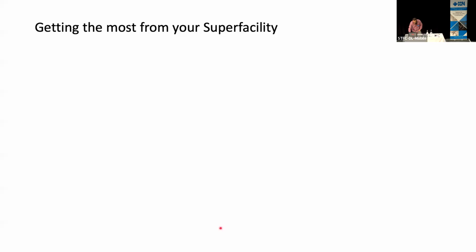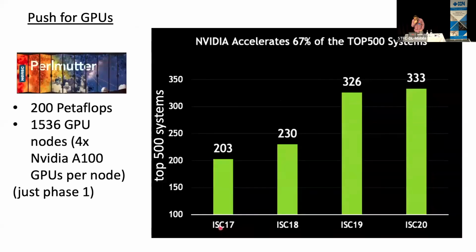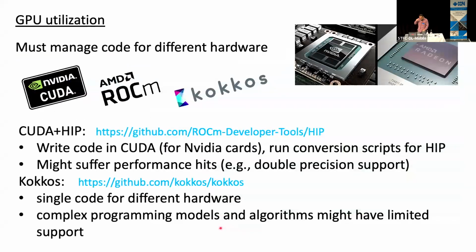Last little section here, getting the most from your super facility. You can see here, super facilities are really using GPU technology under the hood. What that means is that if you really want to get up to the exascale, you should really think about writing algorithms on GPUs, and I have a few suggestions for that.